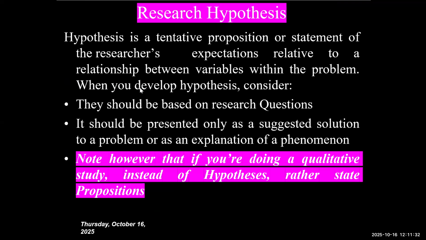Then the next thing is, once you have your conceptual framework, you've established the relationships and everything, then you talk about your research hypothesis. So a hypothesis is just a tentative proposition or statement of the researcher's expectations relative to a relationship between variables within the problem.